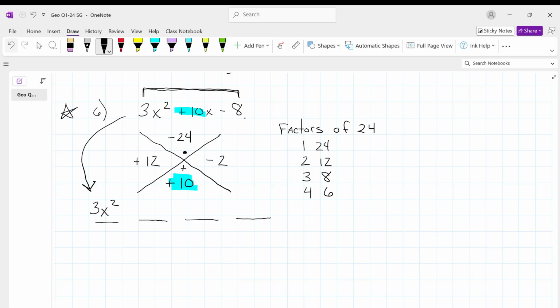Take the negative 8, and you go negative 8. Now, since our variable is x, see this positive 12 right here? We go plus 12x. And this negative 2 goes negative 2x.